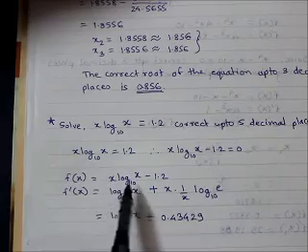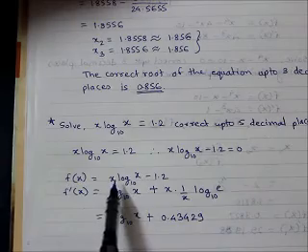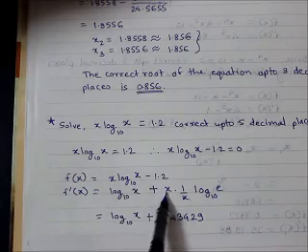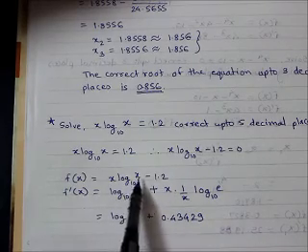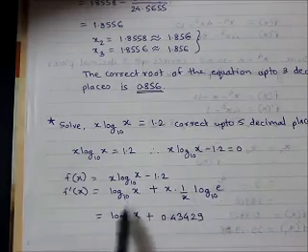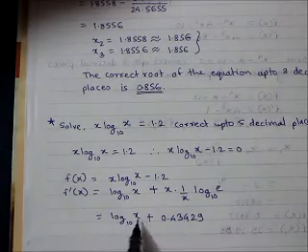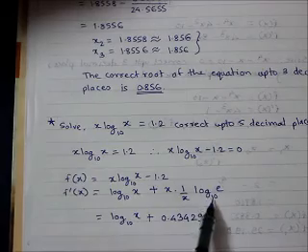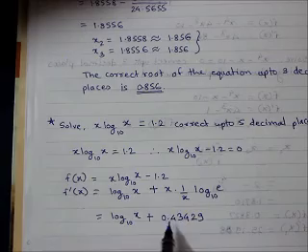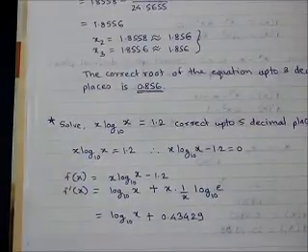In the first one, I kept the log to the base 10x constant and took the derivative of x, which is 1, plus in the next one I kept x as it is and took the derivative of log to the base 10x, which is 1 by x log to the base 10 of e, the natural log. So the log to the base 10x remains as it is, x and x are cancelled, and log to the base 10 of e, that is 2.718288182, is 0.43429. Okay, so this is our f dash x.